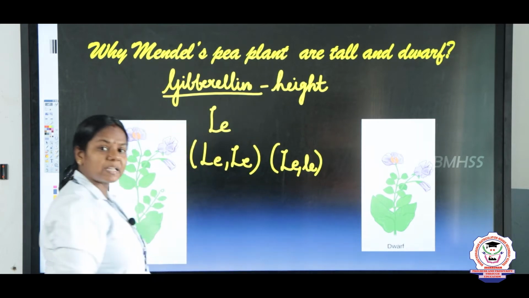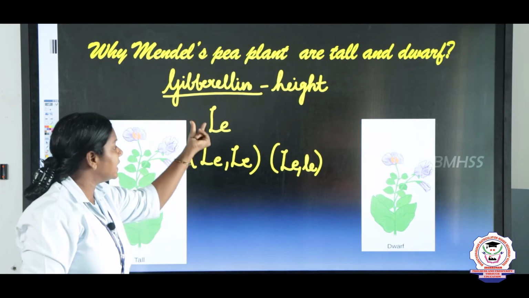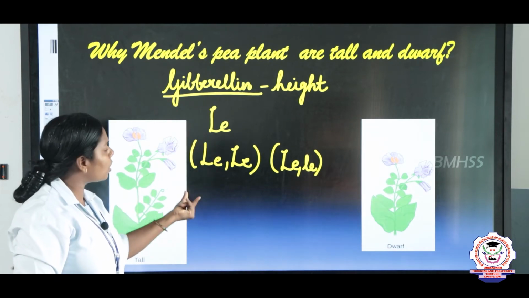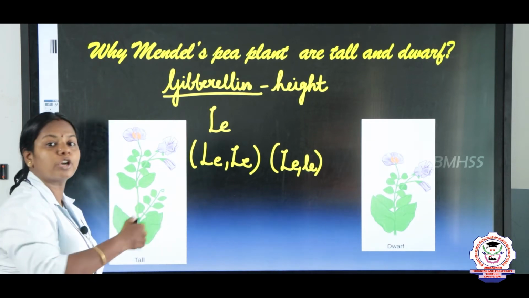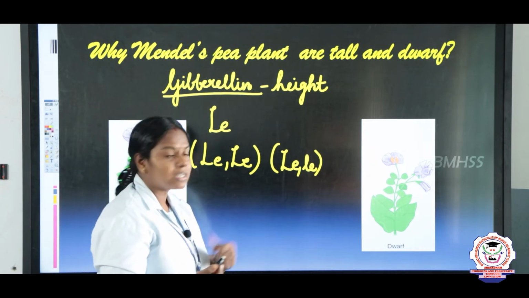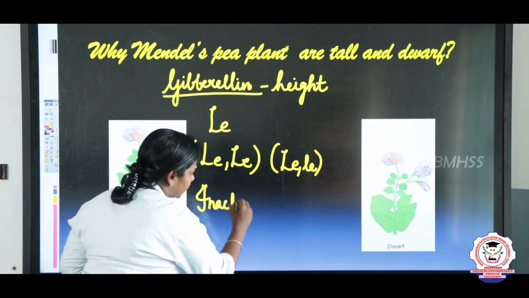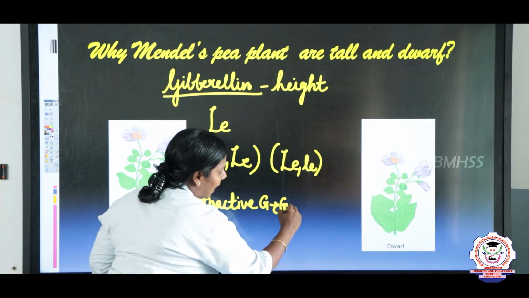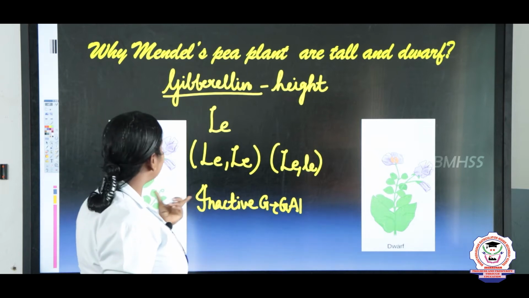The gene responsible for producing gibberellin is dominant. So the plant which has this dominant gene has the capacity to produce gibberellin. Actually, gibberellins will be in inactive form, right? So the inactive gibberellin will be converted into active GA1, the active gibberellin, in the tall plant.